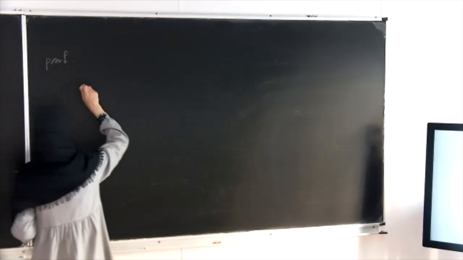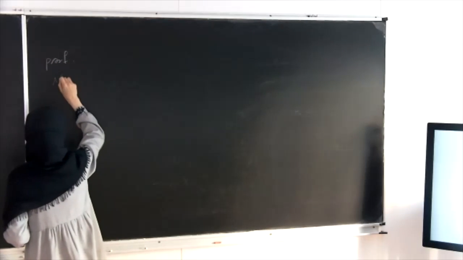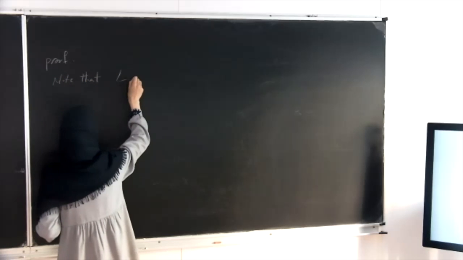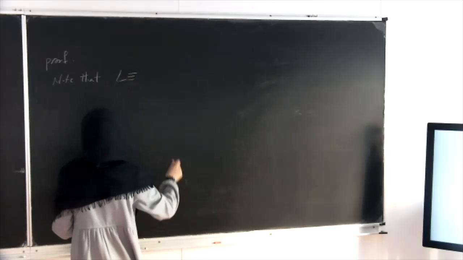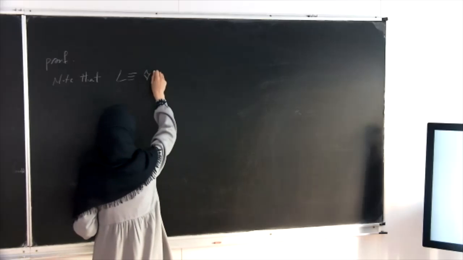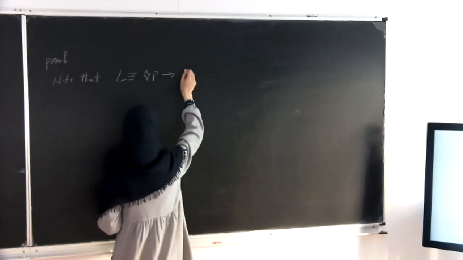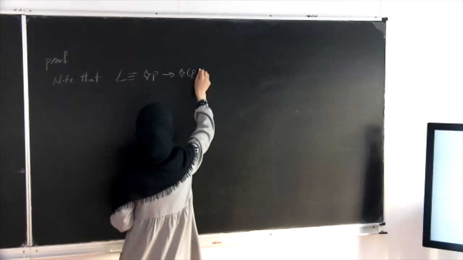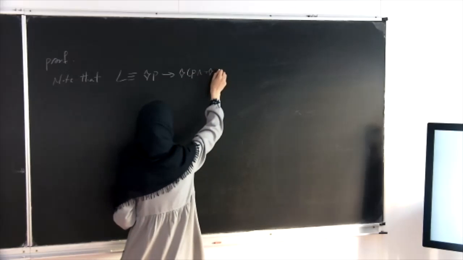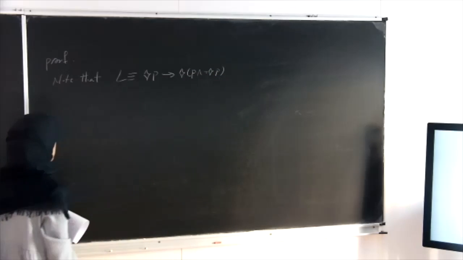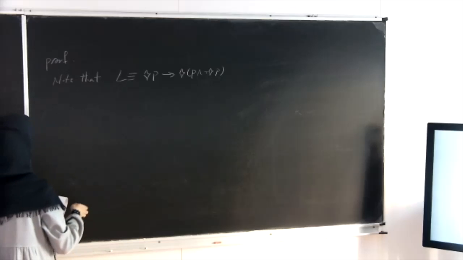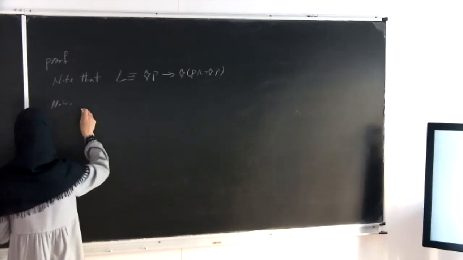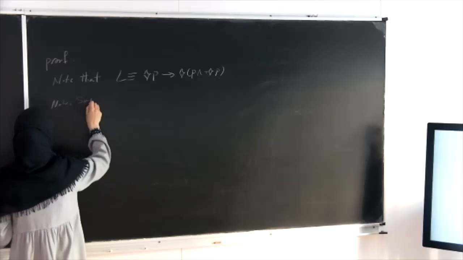To see that, first note that the Löb formula is equivalent to this formula, diamond of P, then diamond of P and the negation of diamond of P. We consider the diamond version of the Löb formula. Now, suppose that X is a topological space.